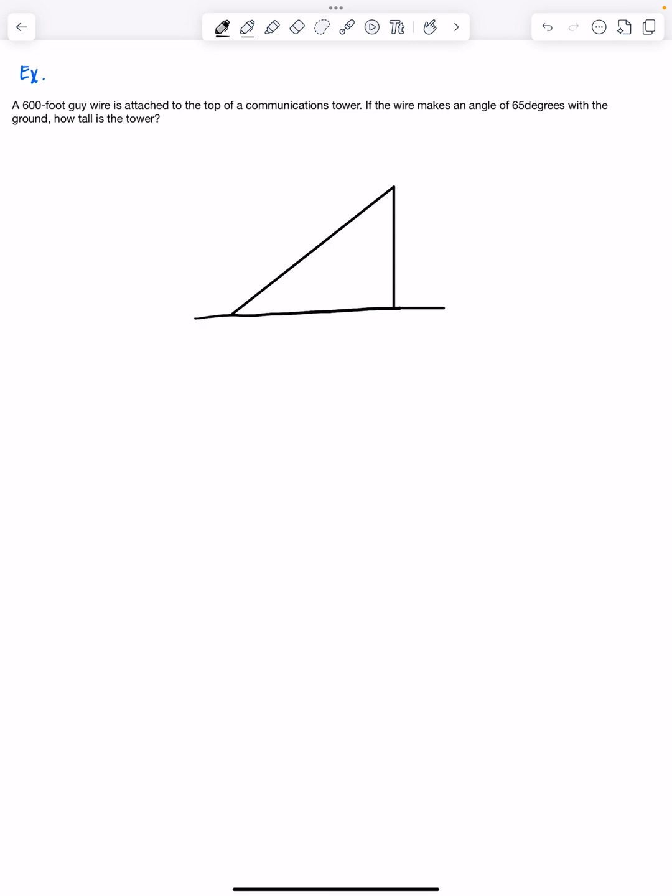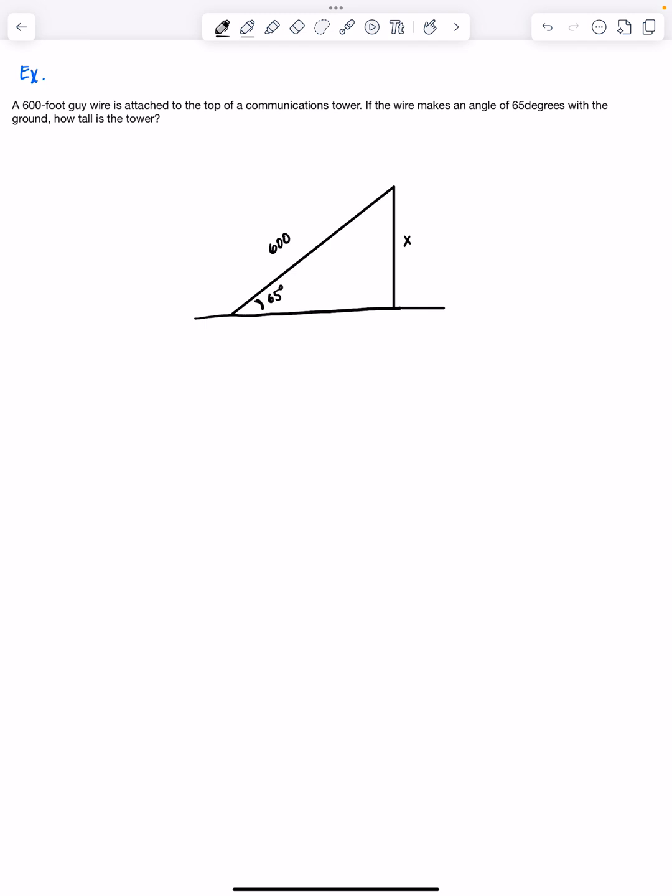And the information that I'm given is it says that the wire is 600 feet and that the wire also makes an angle of 65 degrees with the ground. So that's this angle right here, and that's 65 degrees. And they're wanting to know how tall this tower is.